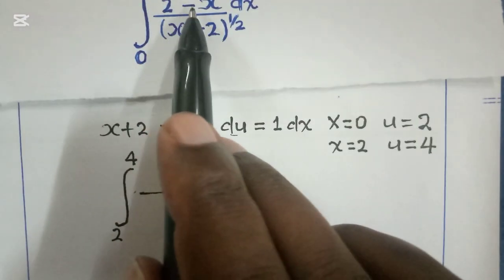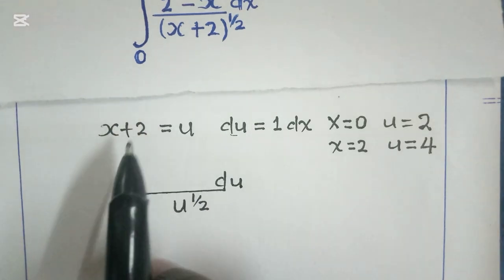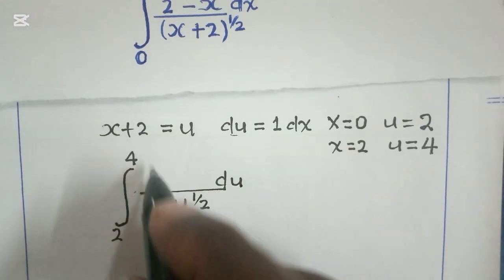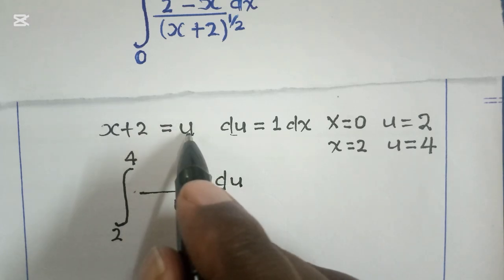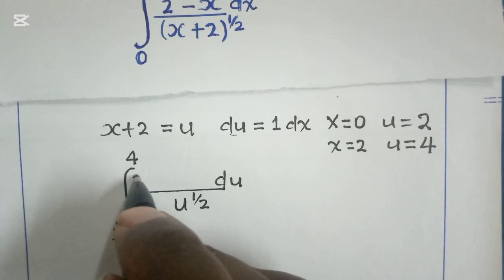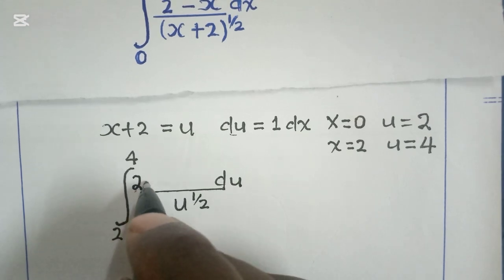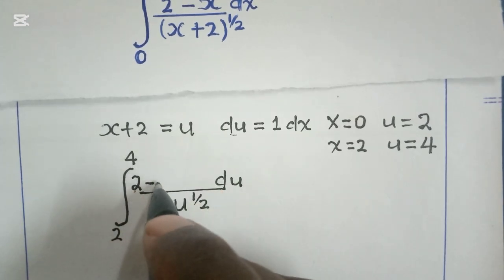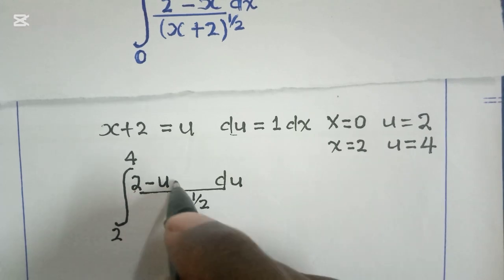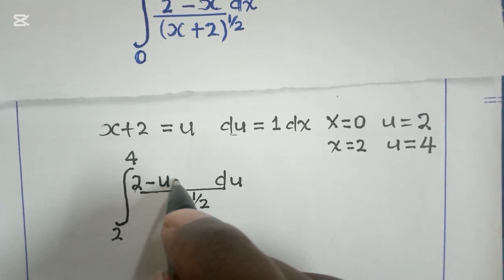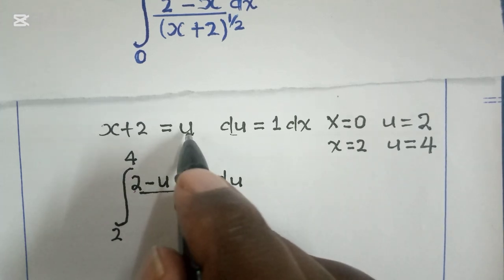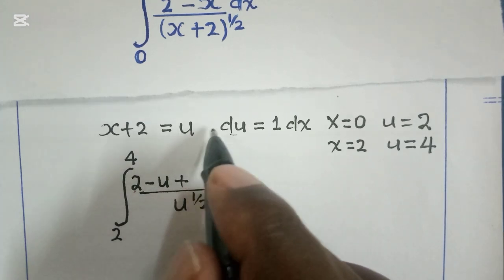We have to replace our x here, because u minus 2 is equal to x. So we write 2, and then we write minus, u minus... but because of this minus, this one is now going to change to plus, because it would have been u minus 2 equals x.